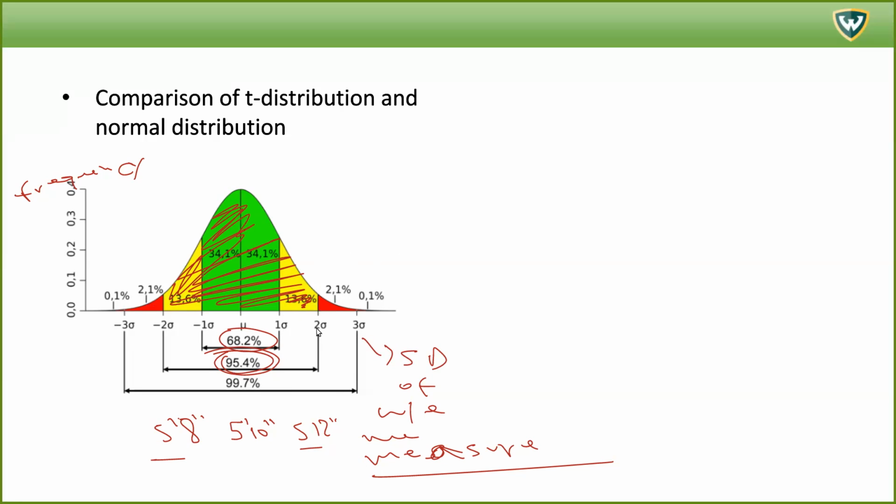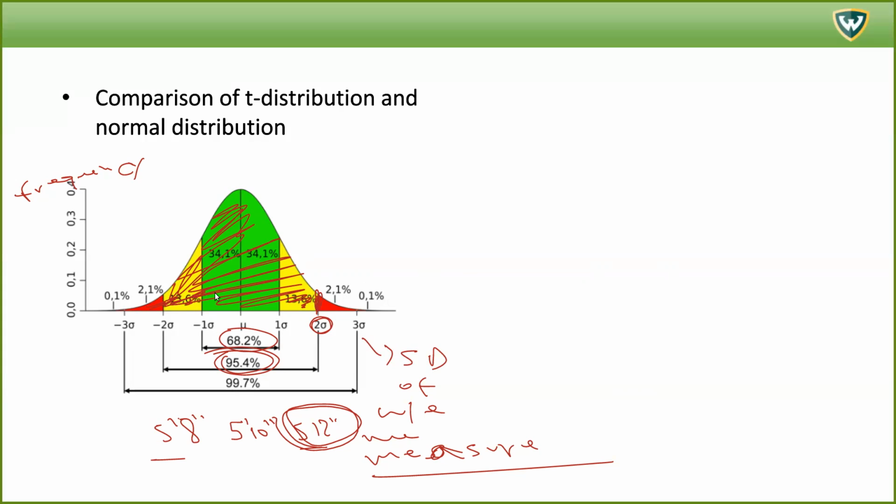Now you may say, well, what is the chance of getting a person that is 5'12" from this distribution? If you just pick a person randomly, what is the chance of picking a person that is 5'12"? Well, 5'12" is over here on this side.